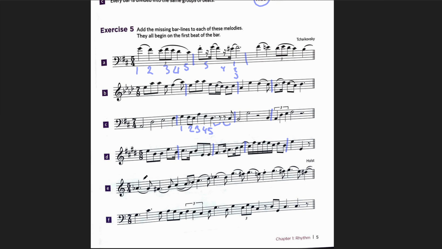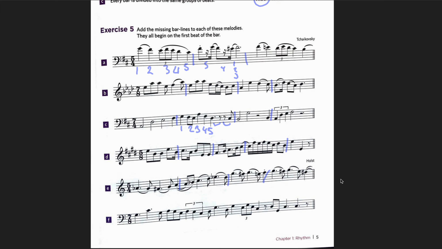5 crotchets. 1, 2. Wait, sorry. 1, 2, 3, 4, 5. 1, 2, 3, 4, 5.